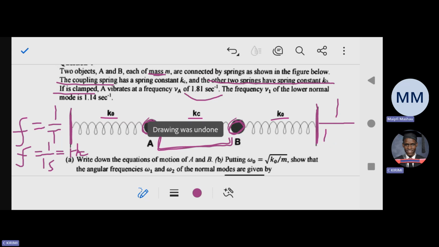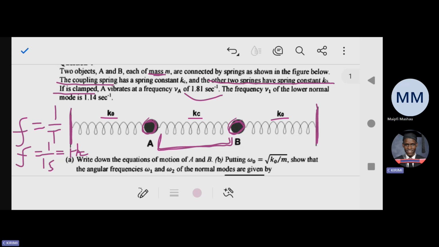Okay. Those are the basics that you must just know when attempting this problem. Then the frequency ν1 of the lower normal mode is given by 1.14 per second, which means this is not hertz.